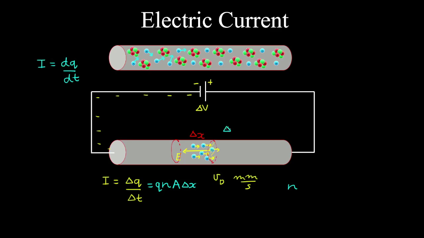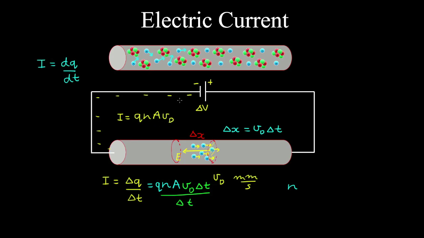So delta x, being the distance that the charge has to travel, is equal to the velocity times the change in time. So let's replace this. And then dividing through by delta t, we get a relationship between the current and the average drift velocity.